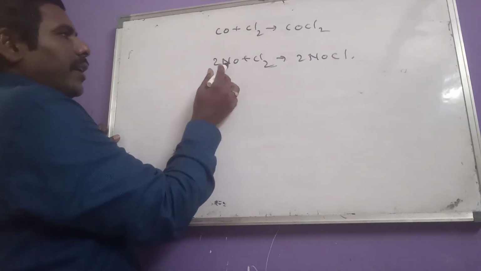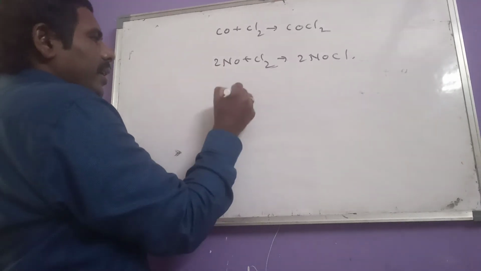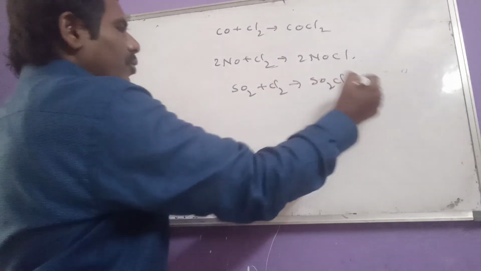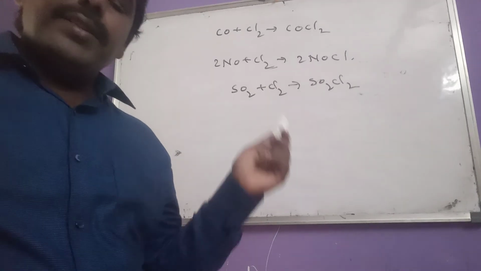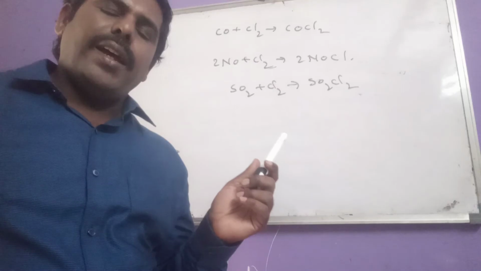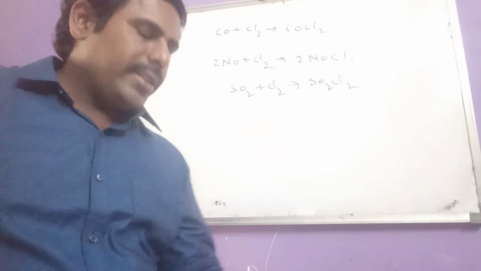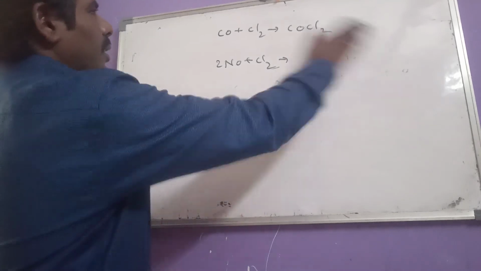So chlorine reacts with nitric oxide to give nitrosyl chloride. SO2 plus Cl2 gives SO2Cl2, sulfuryl chloride. These three reactions are examples of addition reactions.